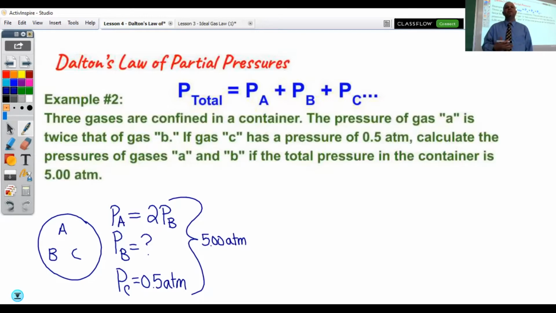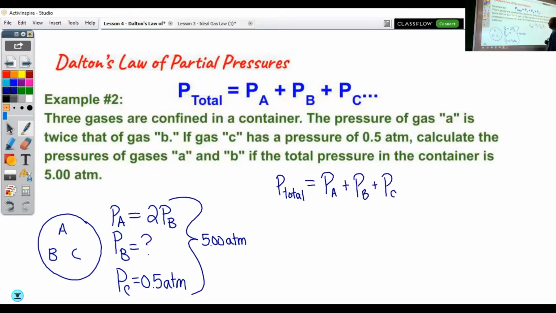So to do this, what we want to first do is subtract out from the total the one gas that we do know, which is gas C. So our formula will look like this. P total equals the partial pressure of A plus the partial pressure of B plus the partial pressure of C. Well, we know that the total pressure is 5 atm. We don't know the partial pressure of A or the partial pressure of B just yet, but we do know that C is equal to 0.5 atm.